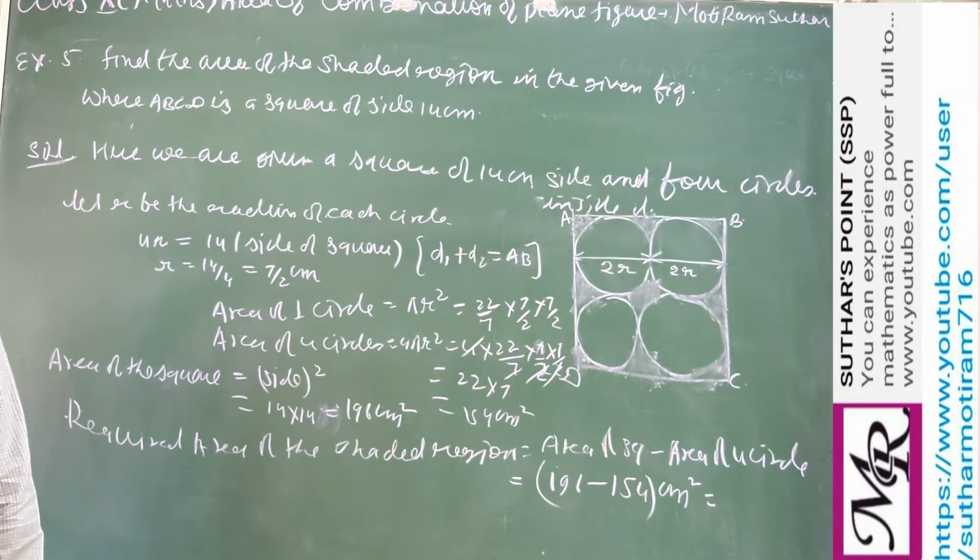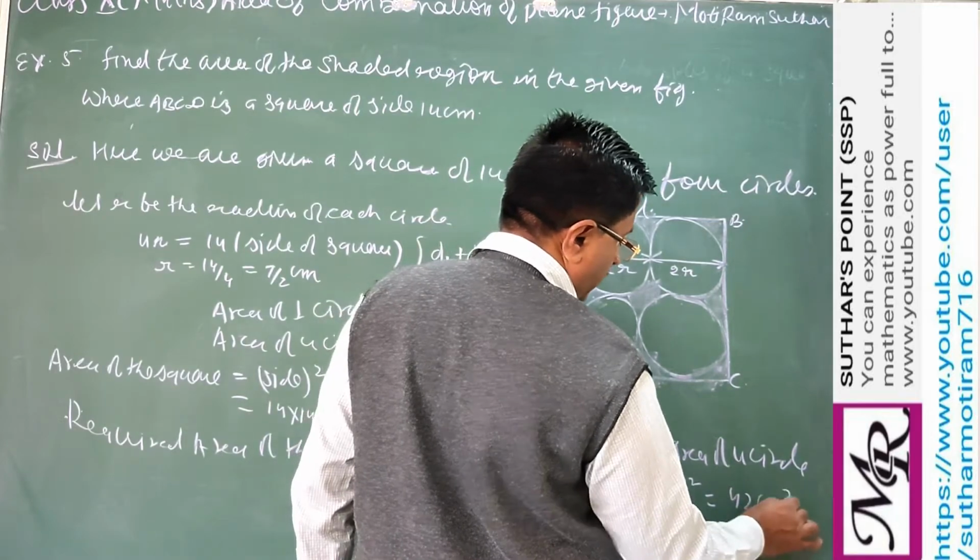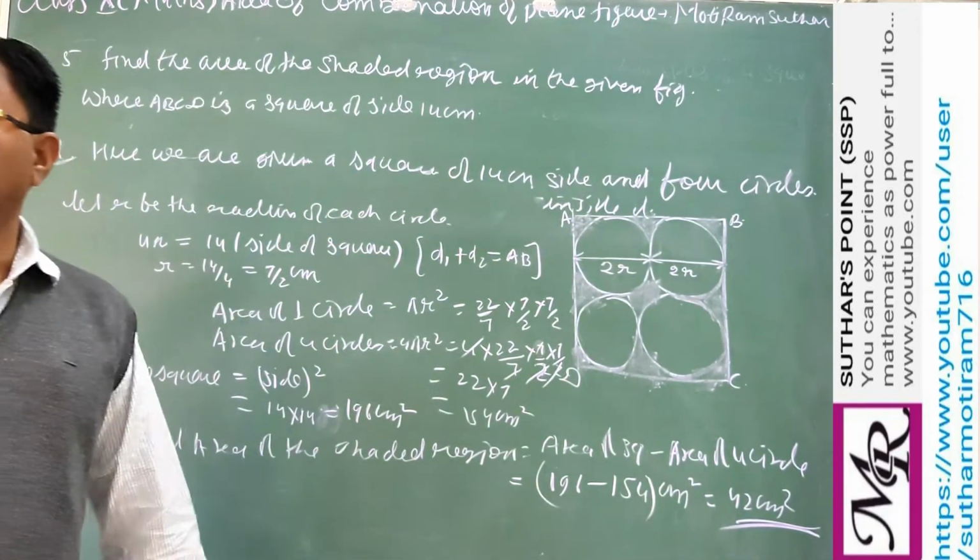So 196 minus 154, if you subtract, we get 42 centimeter square.